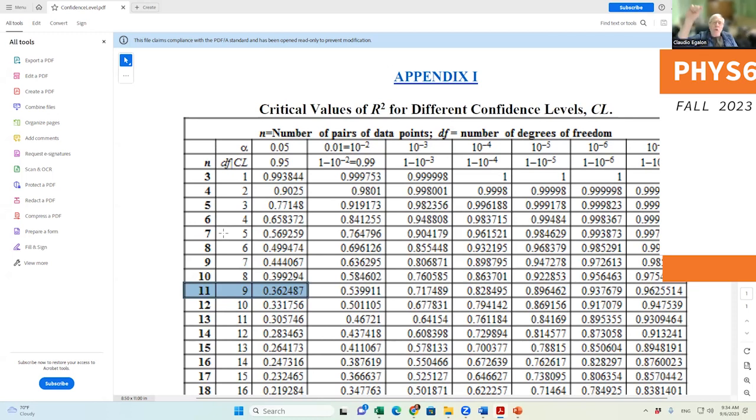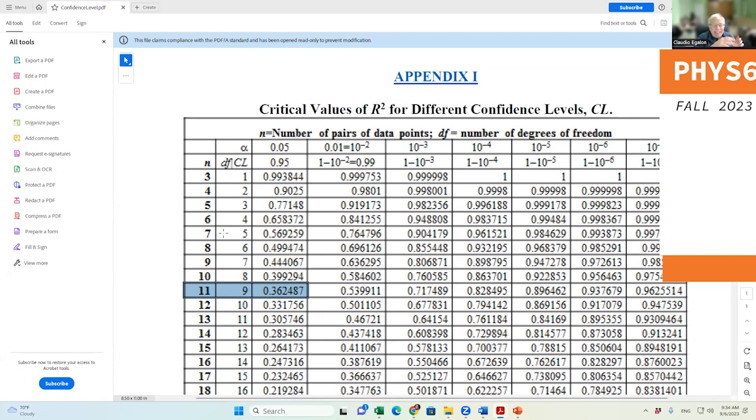In order for you to draw a straight line, you need at least 2 points, right? You need at least 2 data points in your curve. So you need more than 2 data to conclude. That's right. In order to get the CL, you're going to need at least 3 data points in your graph. With less than 3 data points, you cannot determine what the CL is. That's the reason.